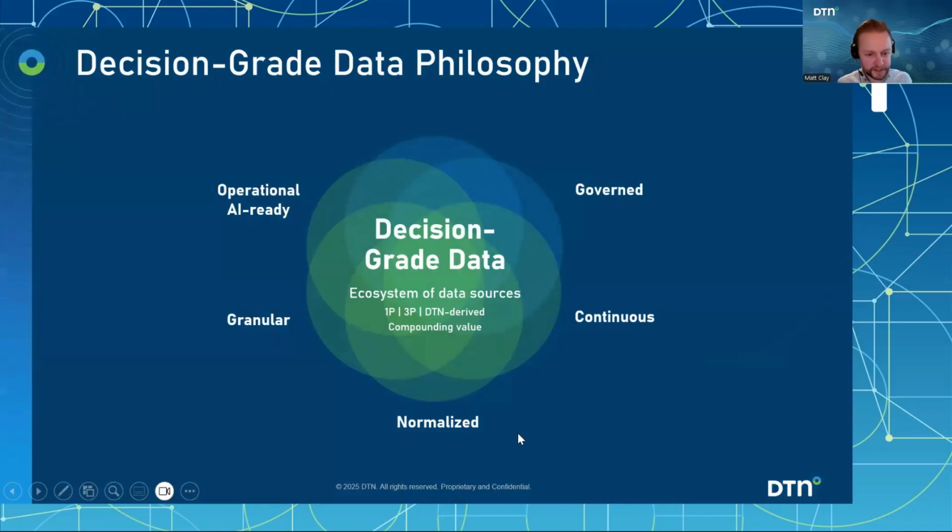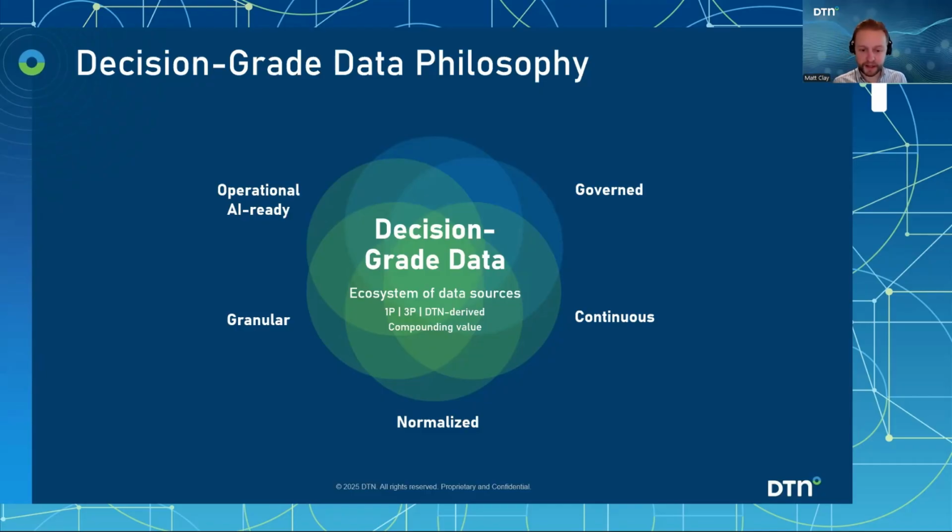Brilliant, thank you. So yeah, at DTN, we focus heavily on decision grade data because decision grade data is the information that ultimately powers those really high impact decisions. And for our utilities clients in particular, these decisions typically occur daily. Now, the DTN platform is powered by data that you can't get anywhere else.